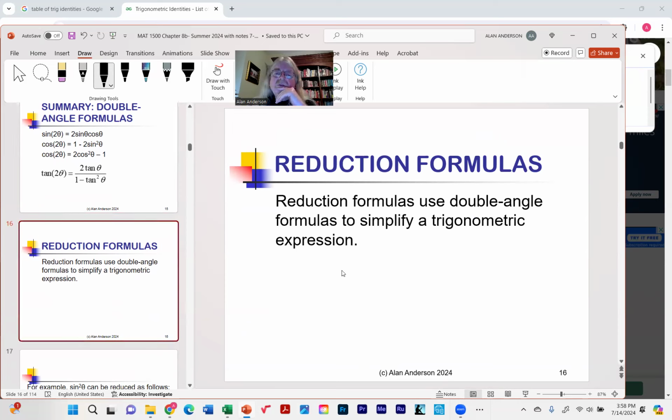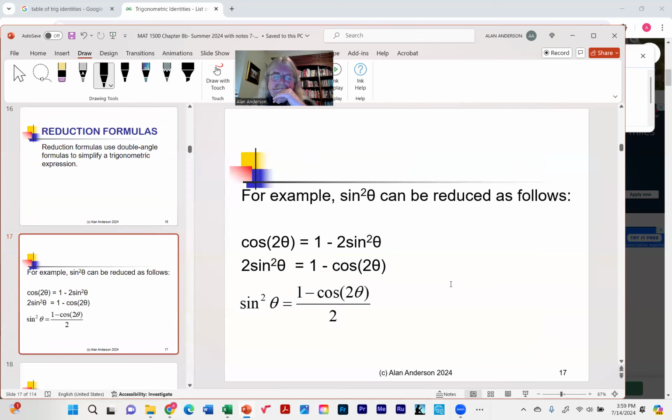Now, we're going to introduce these so-called reduction formulas, which are basically taking our double angle formulas and explicitly using them for the purpose of simplifying a very complicated trig expression. So sine squared of theta can be rewritten in this form.